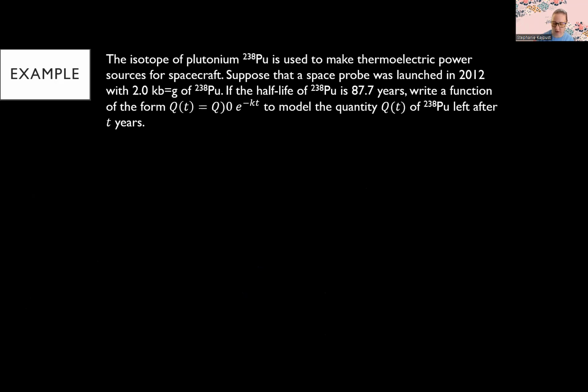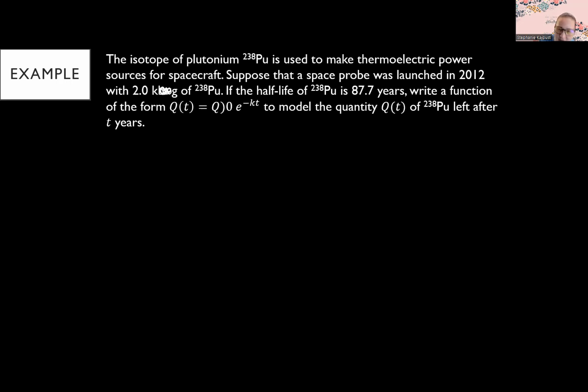Okay, so I've got one more example. The isotope plutonium-238 is used to make thermoelectric power sources for spacecraft. Suppose that a space probe was launched in 2012 with 2 kilograms of plutonium-238. I had a major typo there; I think I was trying to backspace.